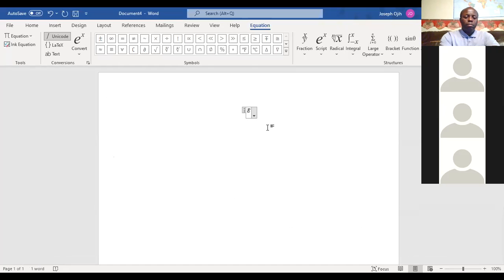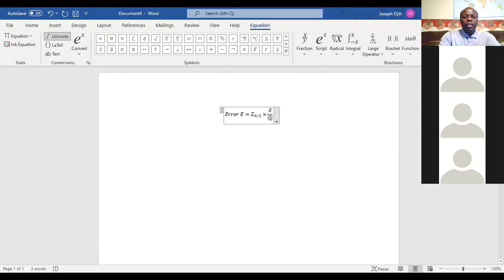So the error margin E, our formula is this. We have Z alpha over 2 times the standard deviation divided by the square root of n.